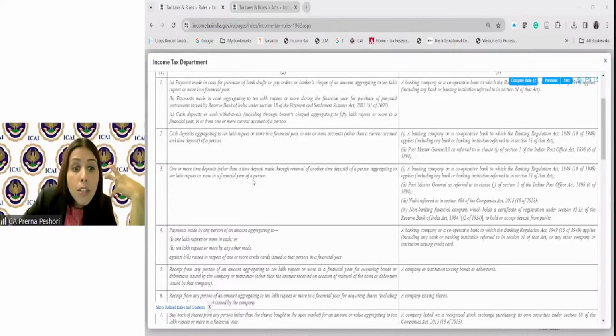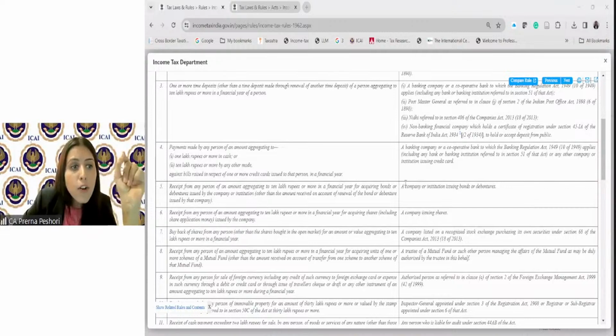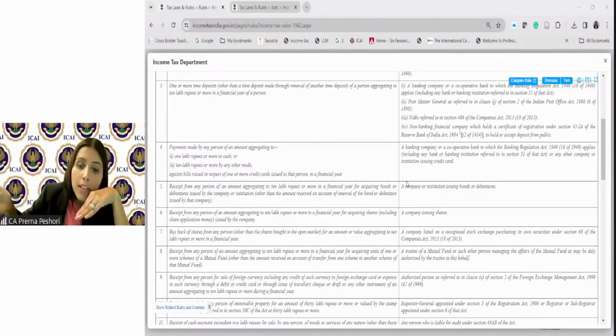Or if more than rupees 10 lakh is received for purchase of bonds or debentures, then the company issuing the bonds or debentures is required to report this transaction. Or if there is receipt of more than rupees 10 lakh for acquiring shares, then the company issuing the shares has to report this transaction. If buyback of shares is happening for more than 10 lakh, then the company buying back the shares has to report this transaction.